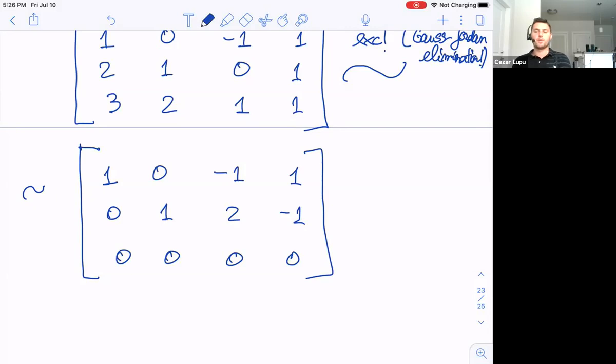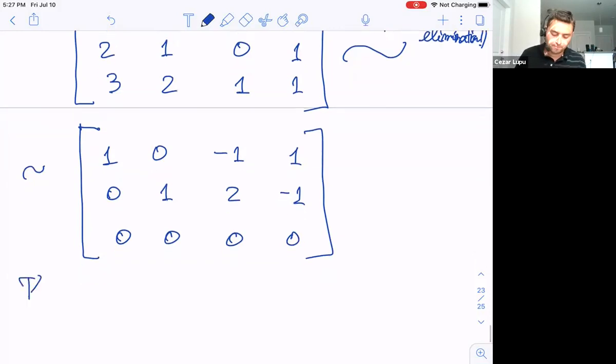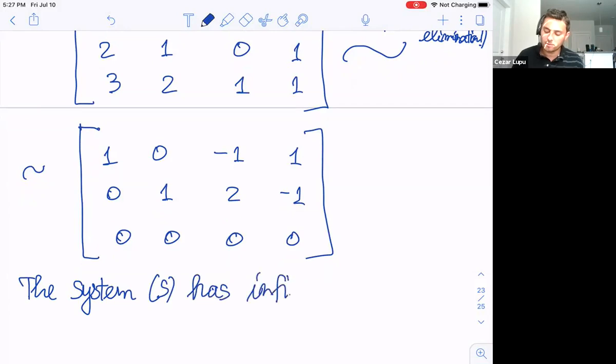To be more specific, how many solutions do you think this system will have? Liliana says infinitely many. Indeed. So this system has infinitely many solutions.